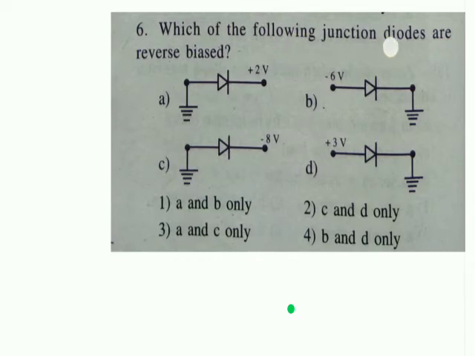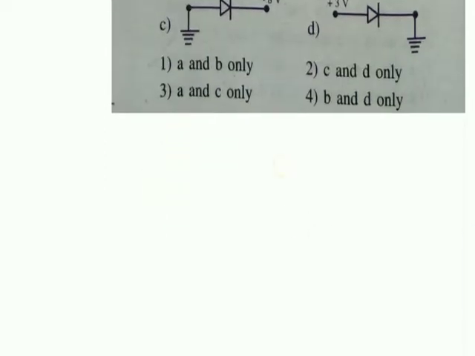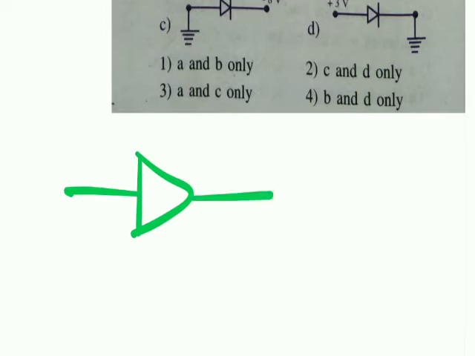Which of the following junction diodes are reverse biased? Reverse bias means a high potential is connecting to the diode's negative side, and a low potential is connecting to the diode's positive side.